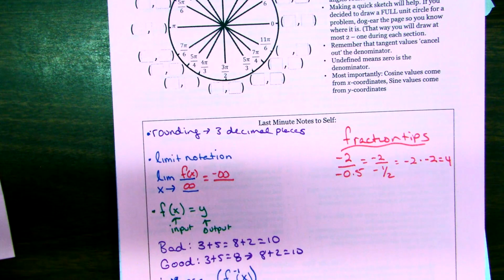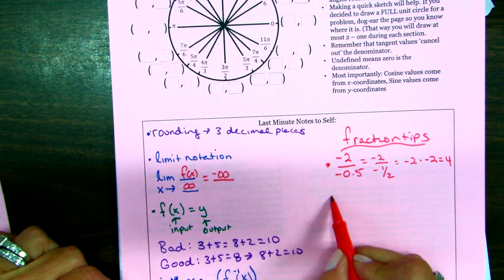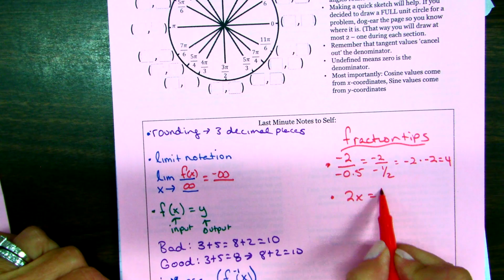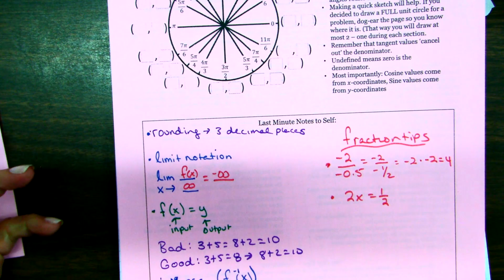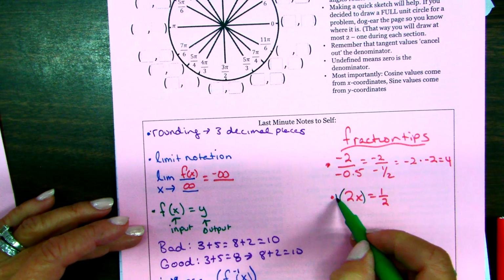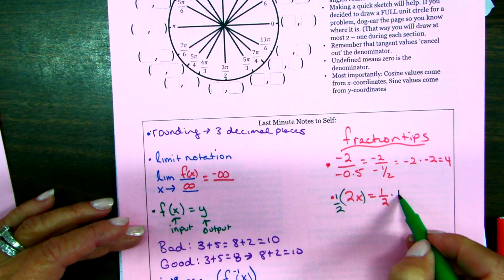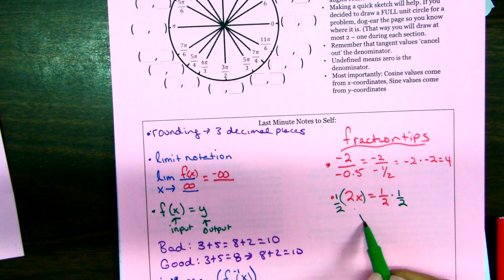Don't forget, with fractions in them, we do the keep, change, flip. Here's another one. 2x equals 1/2. To solve for x, I would divide by 2, but that's the same as multiplying by the reciprocal. So when would I want to do the multiplying by the reciprocal step instead of dividing by that value is when I have a fraction on the other side, okay?